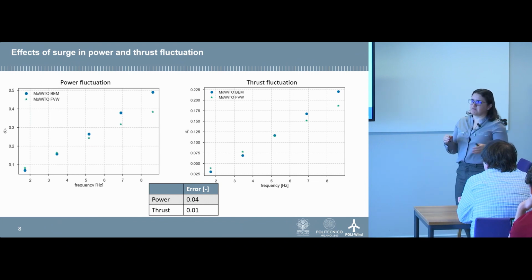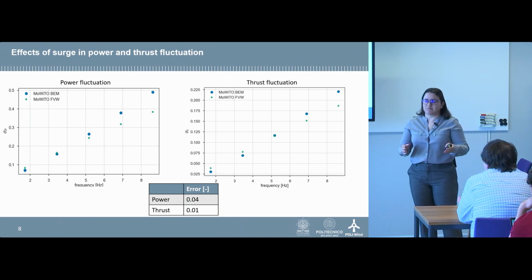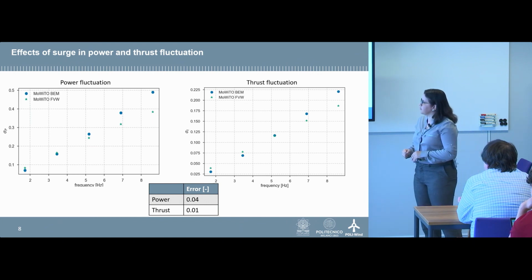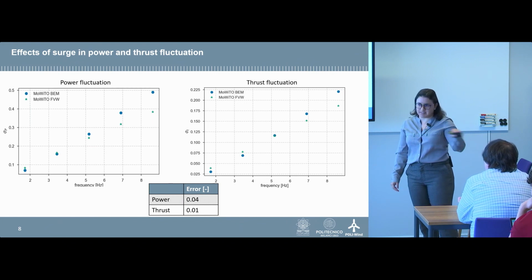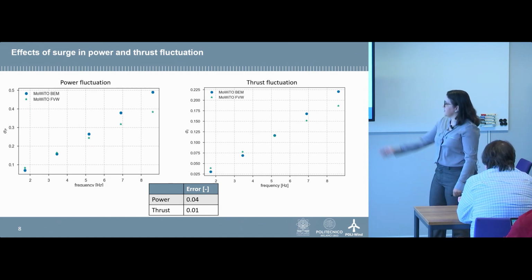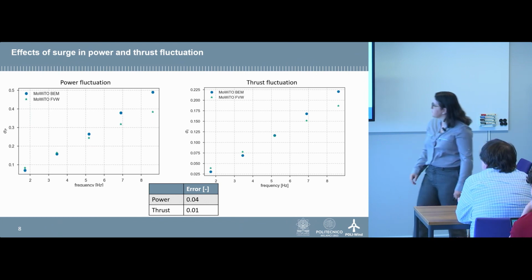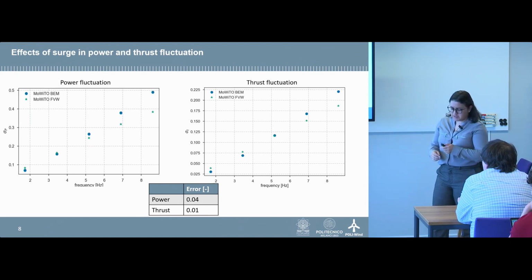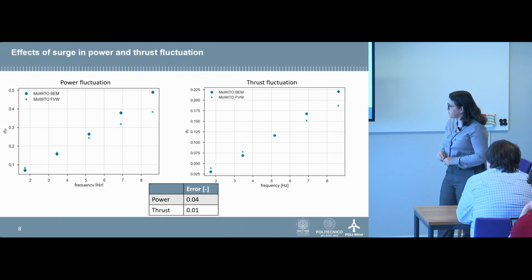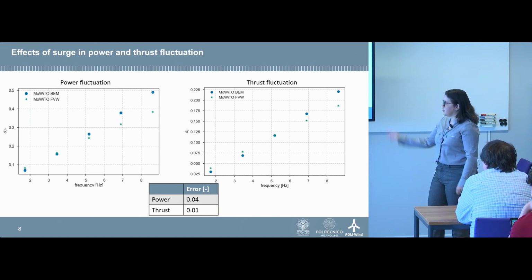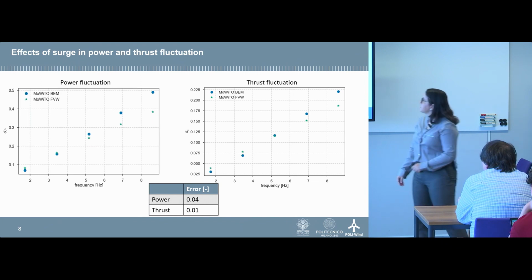By fluctuation, I mean how much it deviates from the mean of a static case at different frequencies, for one amplitude. It's kind of linear, but the free vortex wake is growing at a slower rate than the BEM model. Also quite small errors between them, 4% for power and 1% for thrust.